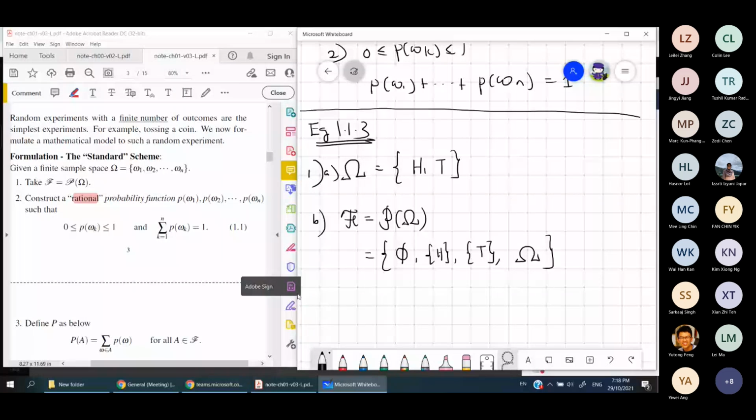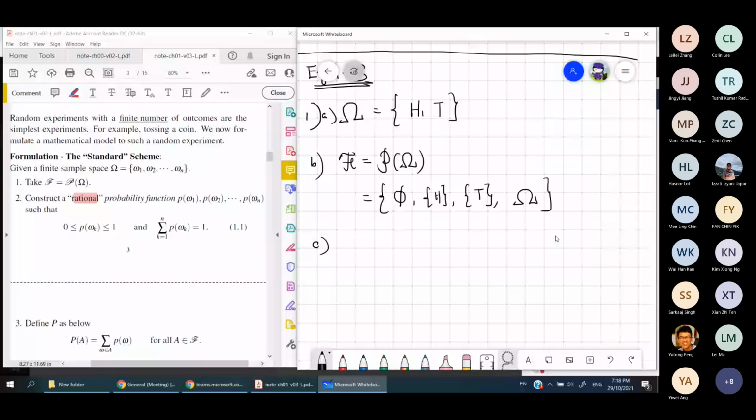And C, construct a rational probability function. I think what we can do is we assume this is a fair game. So we can assume P of H is 0.5 and P of T is also 0.5. So we construct these two. Next, we need to make sure it fulfills these two properties.